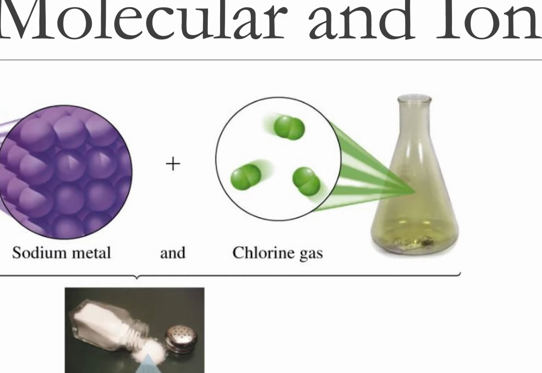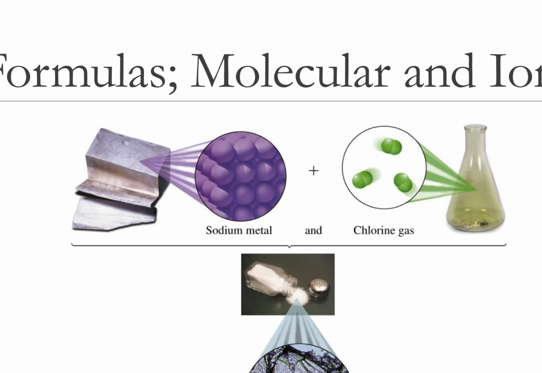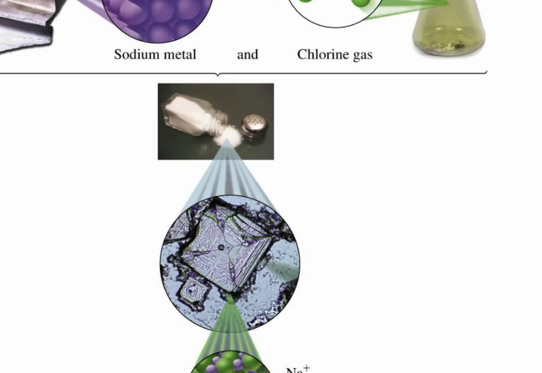Chlorine is a yellowish green gas, and it's extremely toxic. It's been used as a chemical warfare gas to gas people. So it kills you, and these are both elements that will react with each other to make something we actually need for life, table salt, sodium chloride.